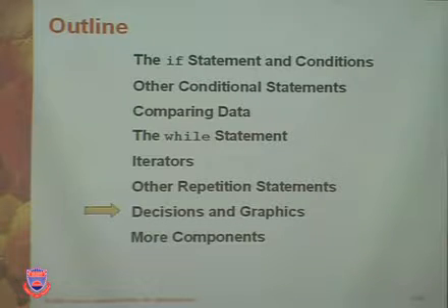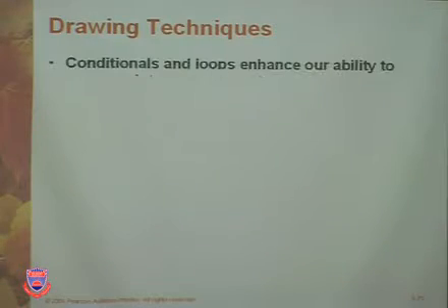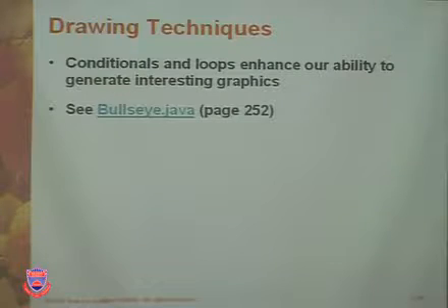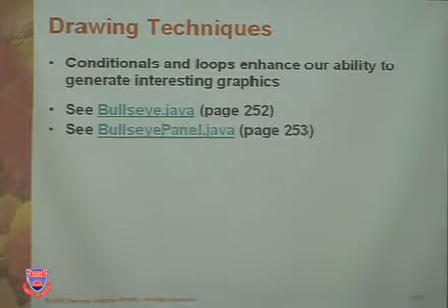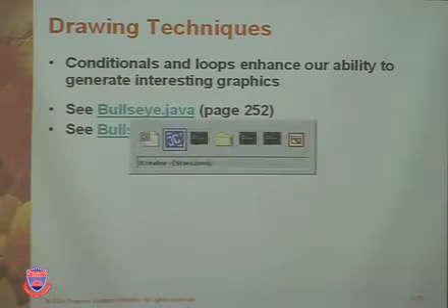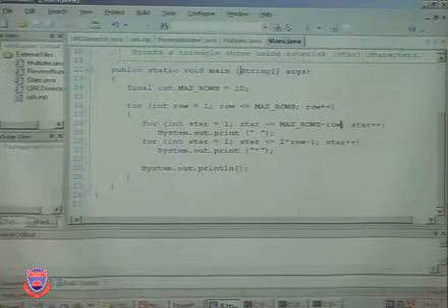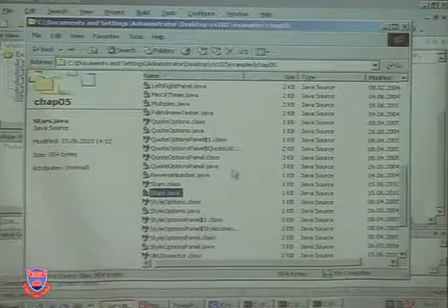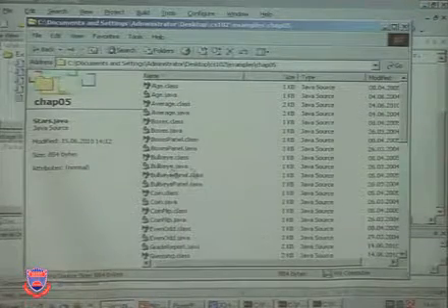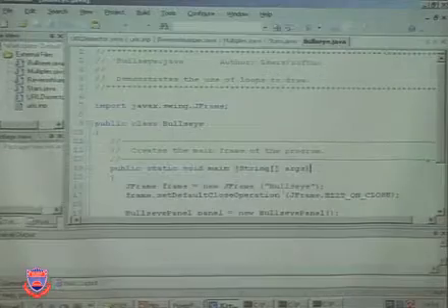So we go into the decisions and graphics. We will see drawing techniques. If you look into the bullseye example, let's go into that. It's going to use loops to draw graphical objects. So bullseye.